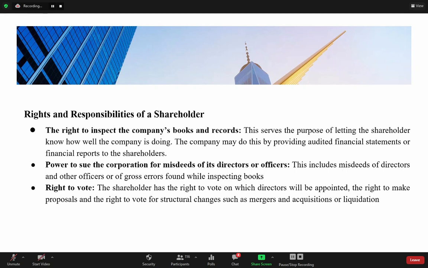Also, the power to sue the corporation for misdeeds of its directors or officers, the right to vote for the directors that they want to be appointed, the right to make proposals, and the right to vote for structural changes. Next slide.